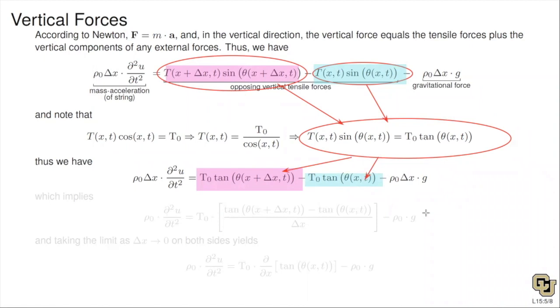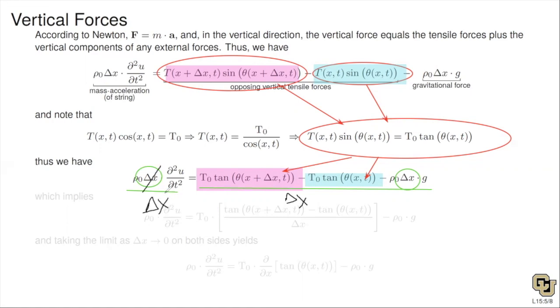So now, look, there's this delta x right here. I've got a delta x right here. Let's divide both sides by delta x. So I'm going to do a delta x down here and a delta x over here.